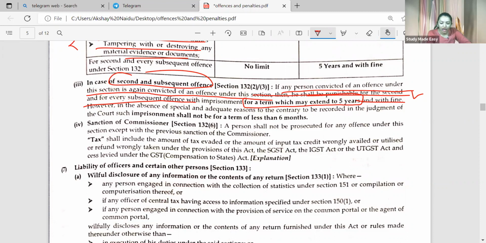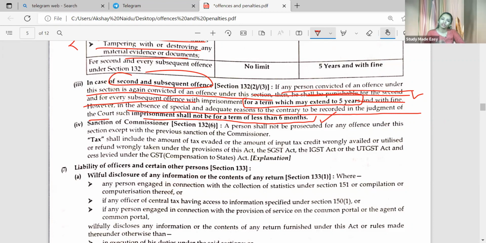Then, however, in absence of special or adequate reason to the contrary to be recorded in the judgment of the court, imprisonment shall not be for a term less than 6 months. If there is no adequate reason, you could not explain why this happened, the offense repeated, okay, but why does it happen? So if there is no adequate reason, then minimum 6 months imprisonment is there.